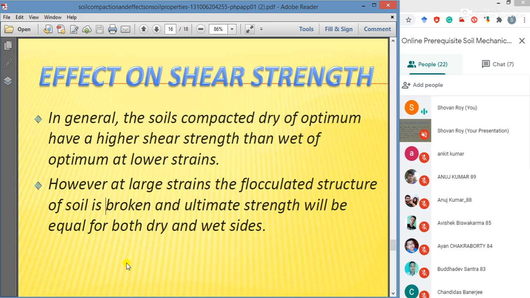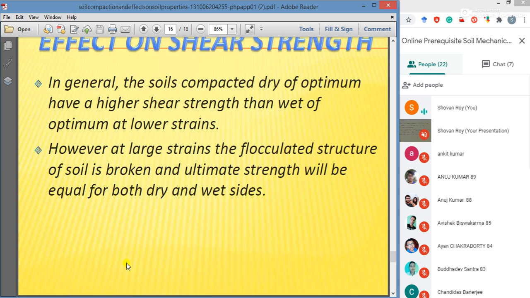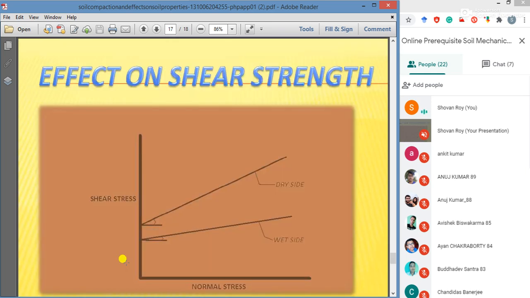In general, at low strains, the strength of compacted soil dry of optimum is higher than those compacted wet of optimum. Also, there is one figure, a graph of normal stress versus shear stress.